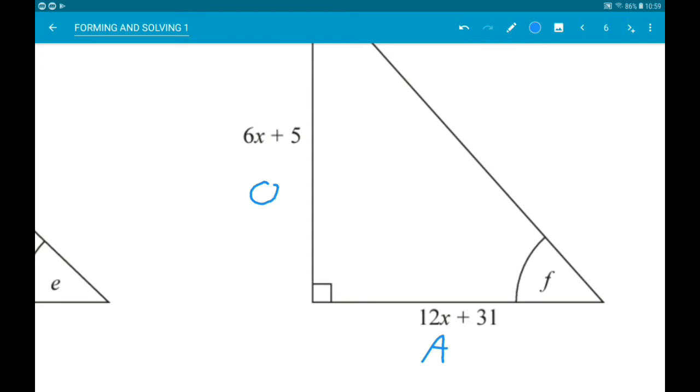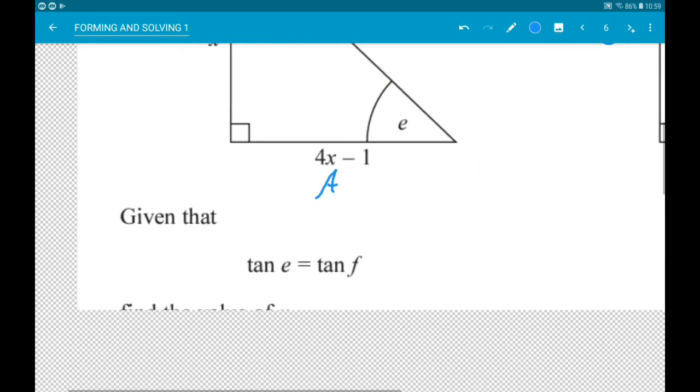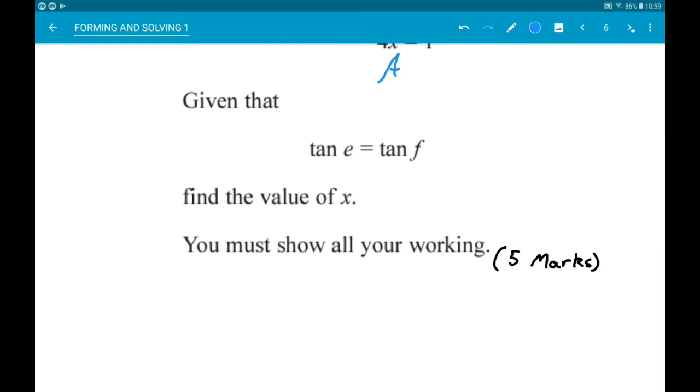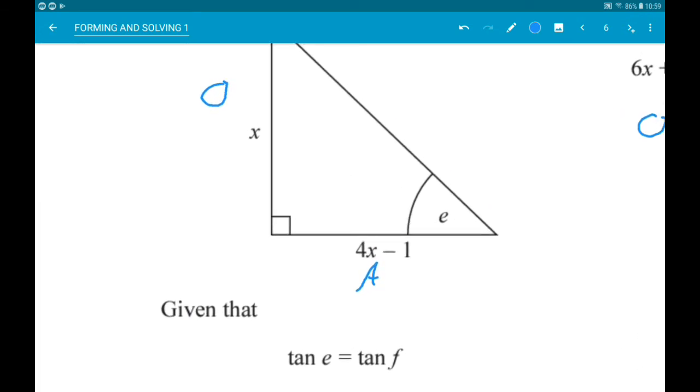So, with the triangle on the left, we can say that tan E is equal to the opposite over the adjacent. So, x over 4x minus 1.